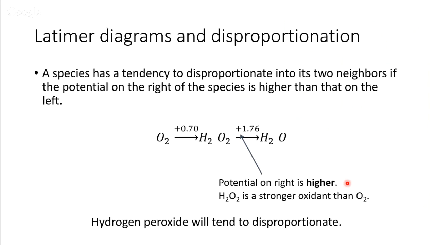And so that means that hydrogen peroxide will tend to disproportionate. In other words, it will form these two neighbors. And because the potential on the right is higher, that means that hydrogen peroxide is a stronger oxidant than oxygen.